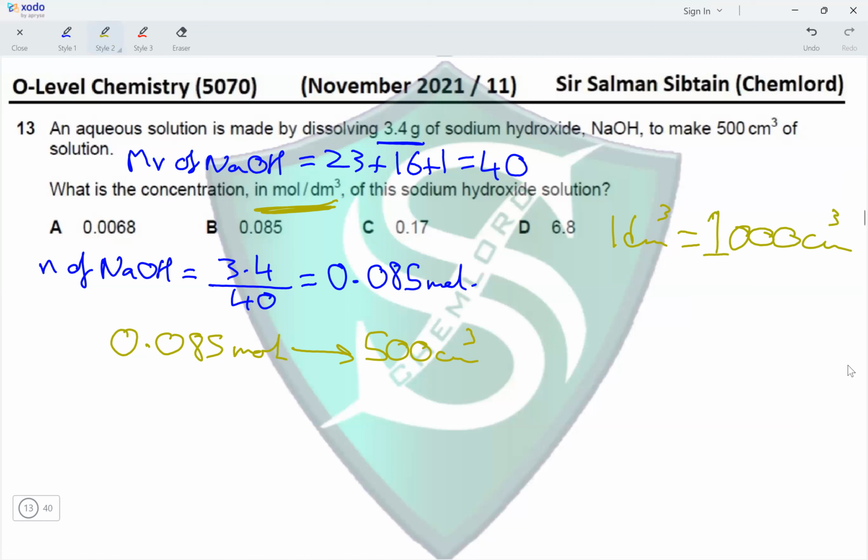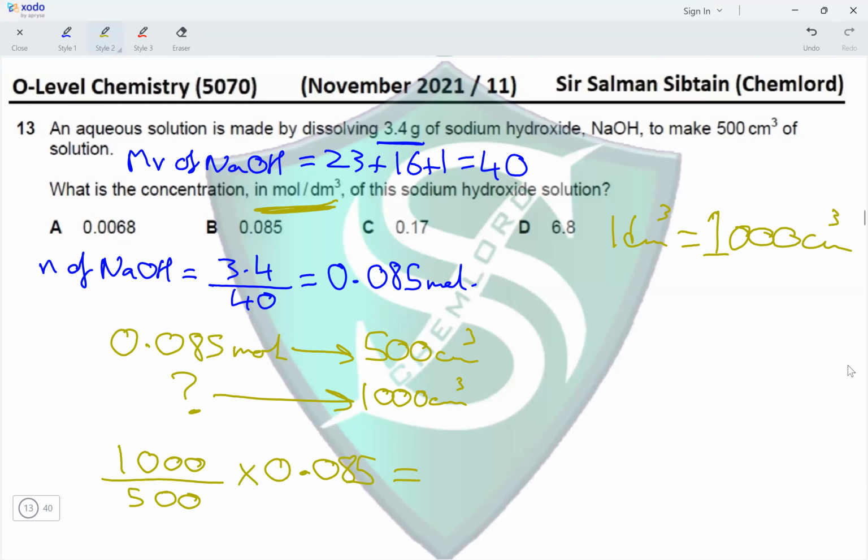So the number of moles present in 1000 cm cube can be calculated by dividing 1000 by 500 and multiplying this ratio with 0.085. This gives us a numerical value of 0.17 mole per dm cube as the concentration of sodium hydroxide. So this makes option C the correct option for this question.